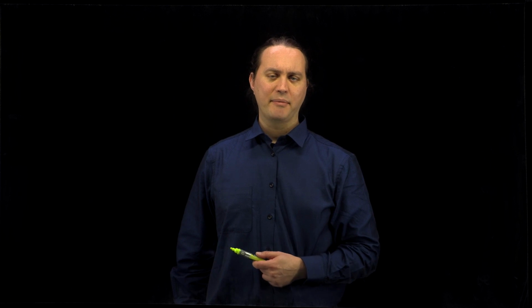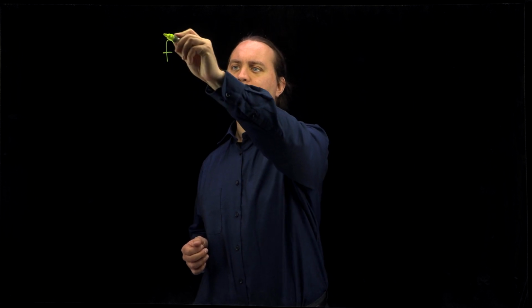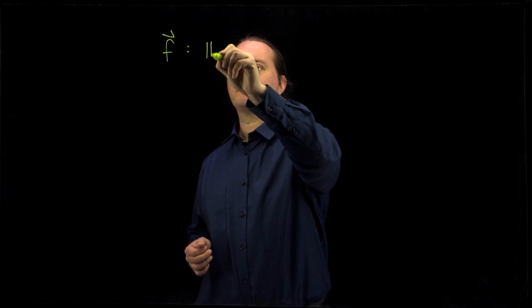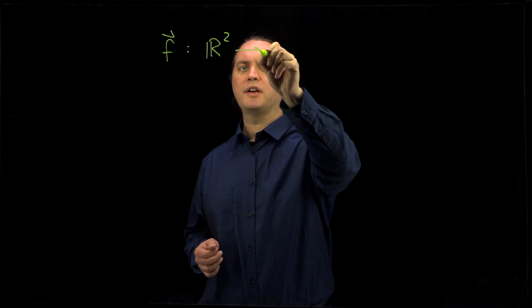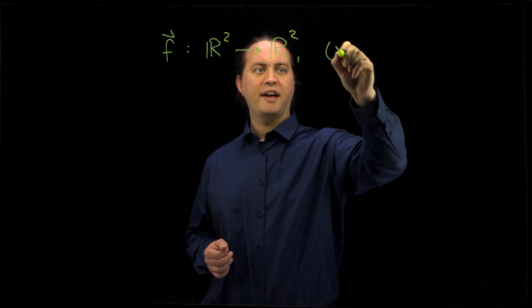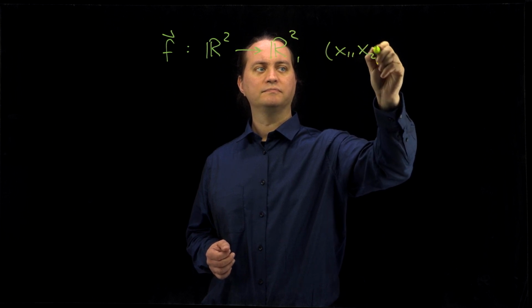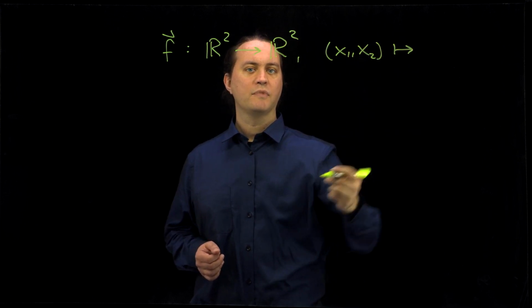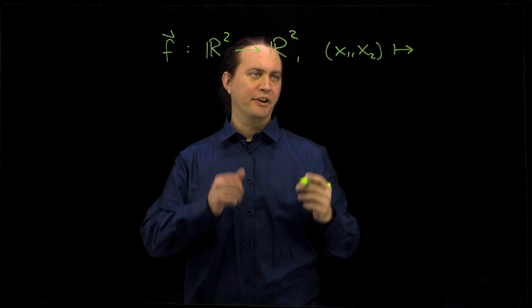Every good physicist knows that drawing pictures is extremely helpful in understanding mathematical concepts. So let's do the same thing with drawing vector fields. Let's have a look at the vector field F from the previous slide. So we've got F going from R^2 into R^2, mapping x1 and x2 to negative x2, x1.